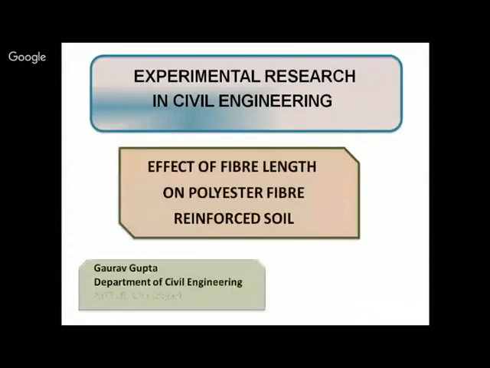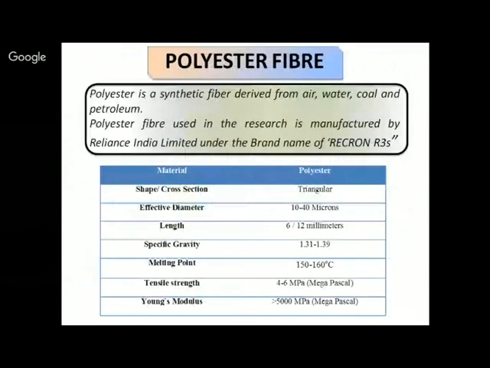As I told you, 10 to 40 micron is the effective diameter, and the shape is triangular. Due to the triangular shape, a higher surface area of fiber is achieved. Specific gravity is 1.31, and it has a high melting point, 150 degrees Celsius. So it has good resistance to heat also.